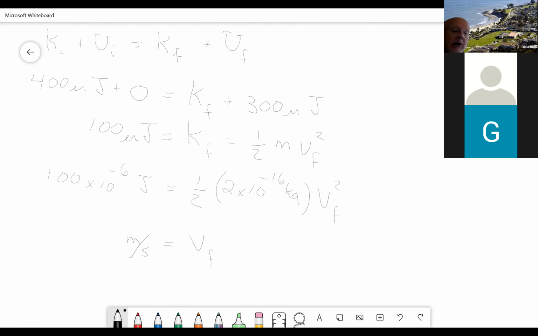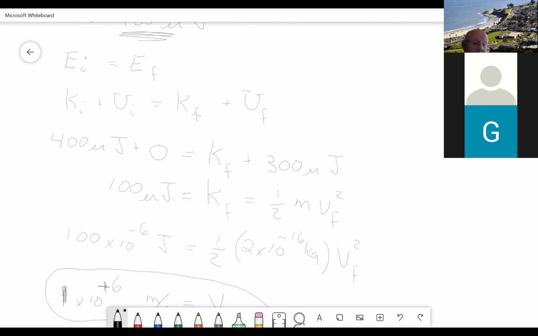I get a speed of 1 times 10 to the, oh, not negative, positive 6. So it's a million meters per second. It started at 2 billion meters per second and slowed down to 1 million meters a second. So it's still going really fast.